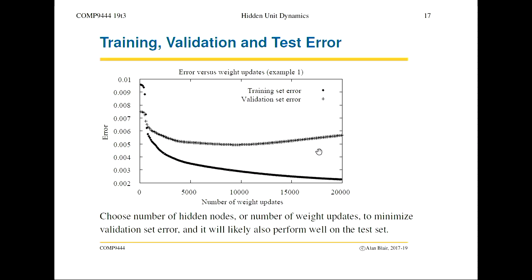If you remember, weight decay was not to do with the number of hidden nodes, but it was to do with the size of the weights. We introduced an extra loss term which encourages the weights to be small, and that often prevents overfitting as well.